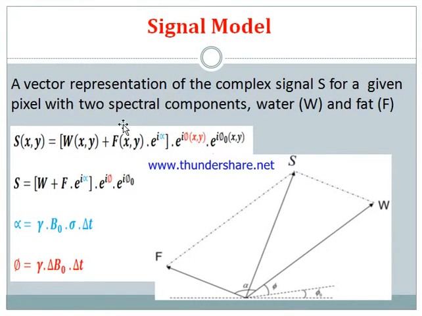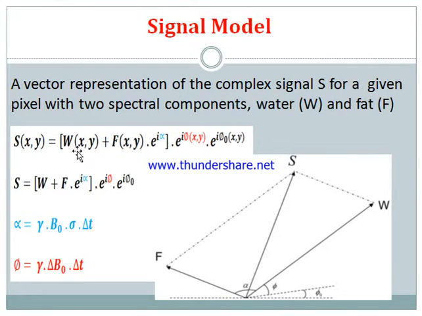So in this equation we can see that we only have the water and fat signals. Alpha is the phase between water and fat, phi is the phase error because of the field inhomogeneity, and P0 is the phase error due to other system imperfections.